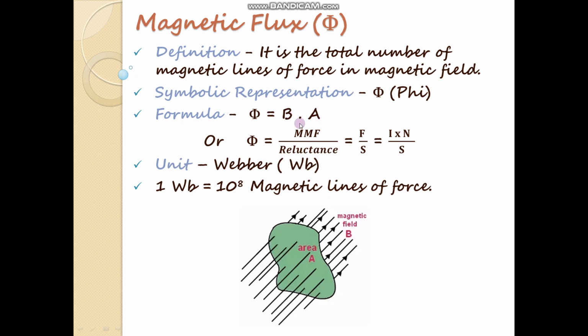It is the magnetic flux density. We will see it in the next slide. And A is the area through which the flux lines are passing. Another formula for the flux is the ratio of MMF and reluctance. What is reluctance? It will also be seen later on. The unit of the flux is Weber. 1 Weber means 10 raised to 8 magnetic lines of force.